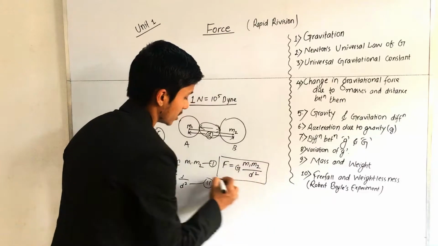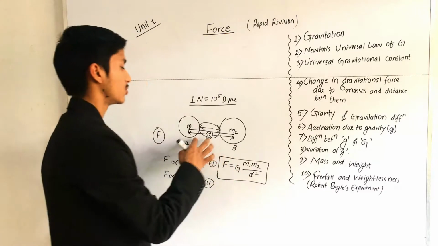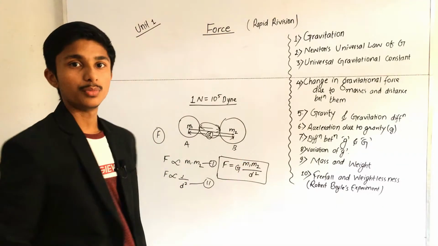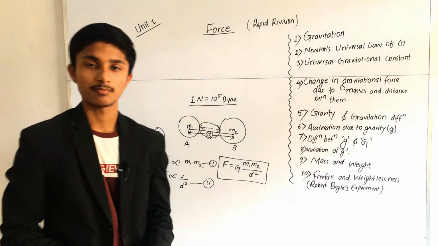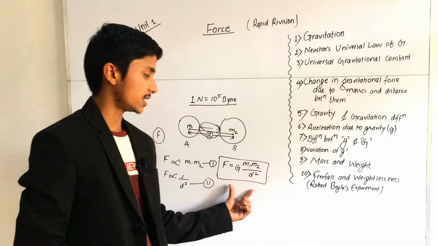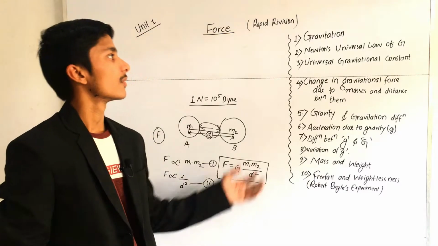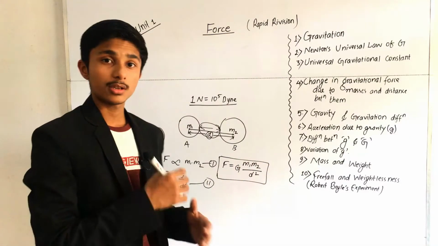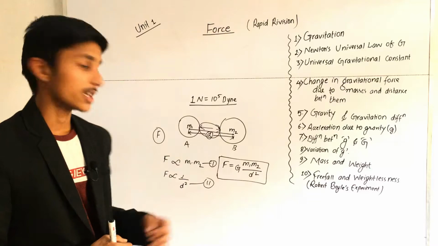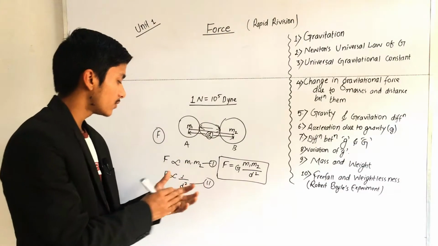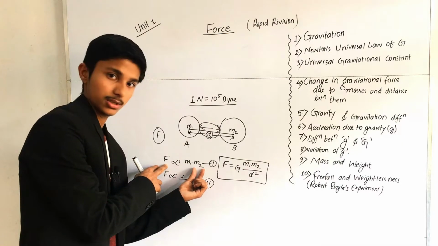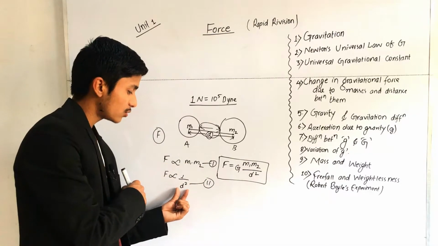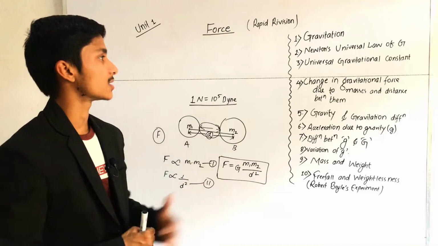This is the gravitational force existing between body A and body B. His law states this, Newton's universal law: every body in the universe attracts every other body with a force which is directly proportional to the product of their masses and inversely proportional to the square of the distance between their centers.